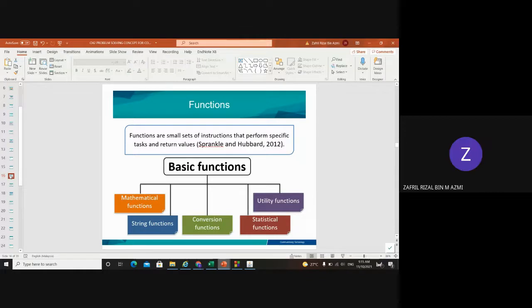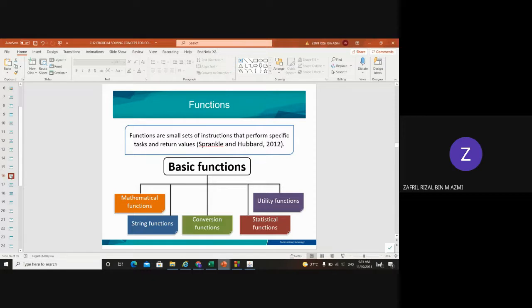Java system.out.println, that one is actually a function to print something. If you use C++, what do you use to print? Cout, right? That one is a function.